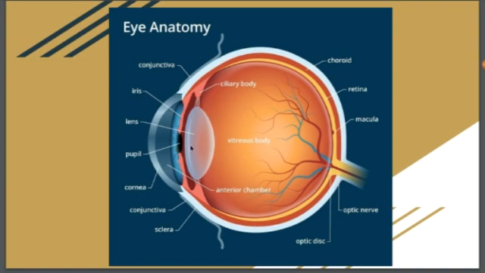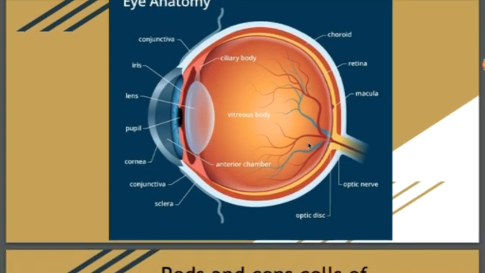This keeps the lens moist. Behind this we have vitreous humor. This gives nutrition to the eye. This transmits the light which is entering the lens to the retina. This retina has photoreceptive cells.